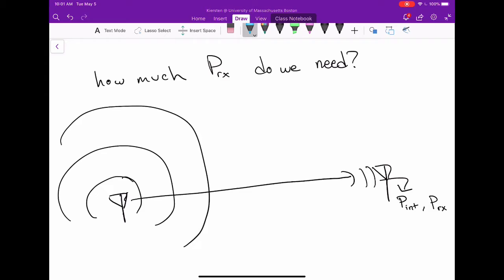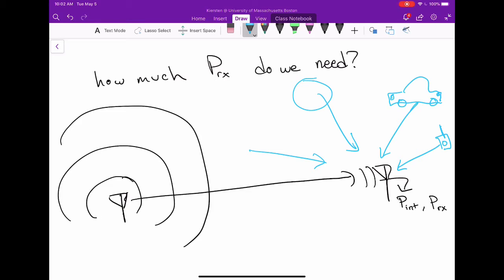But there are a bunch of other sources of electromagnetic waves in the environment of the receive antenna. There could be car starters. Car starters can make a lot of electromagnetic noise. There could be other radios. There could be noise from the sun and stars and other sorts of sky sources that we call sky noise.